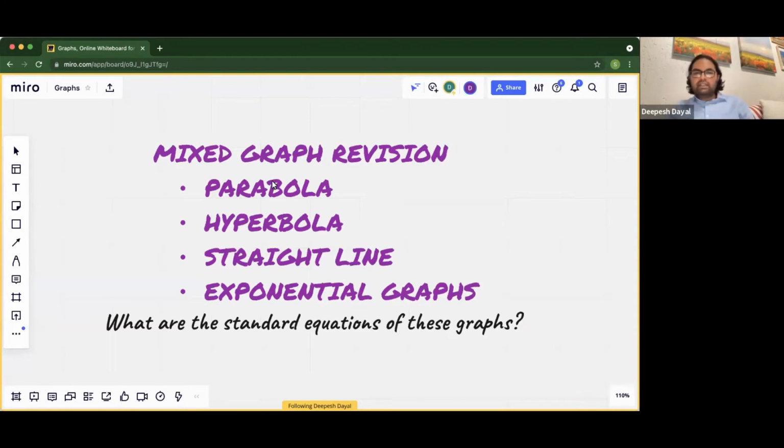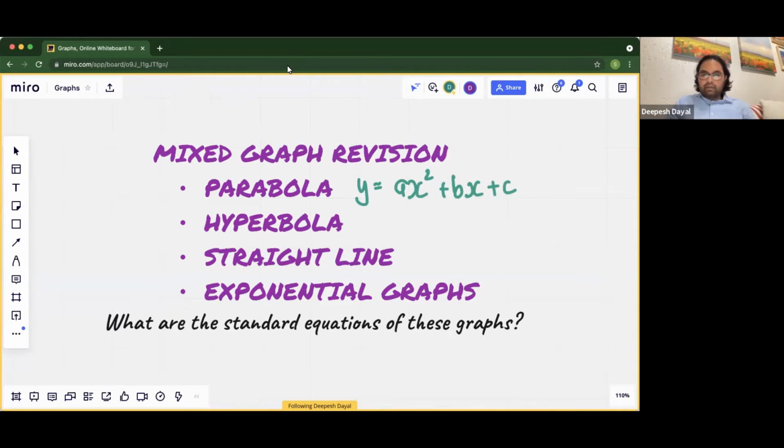Okay, so let's look at the chat and see. So usually we use the equation y equals ax squared plus bx plus c, right?